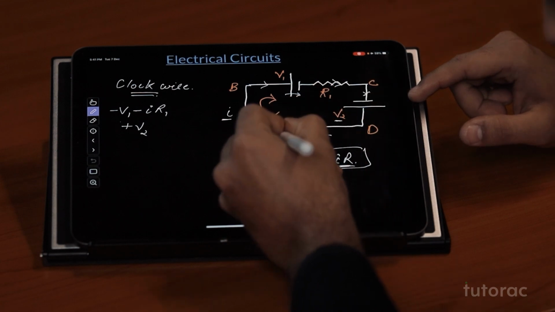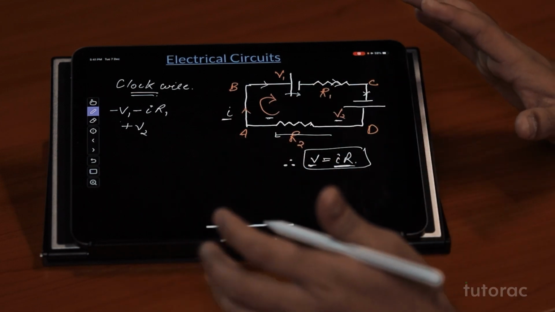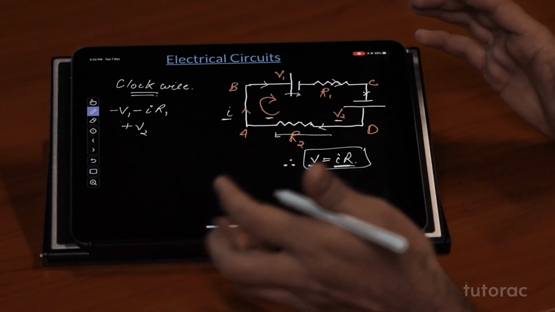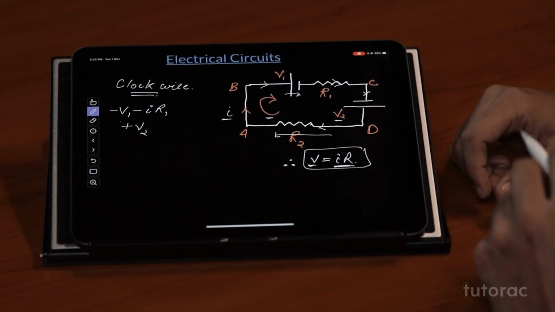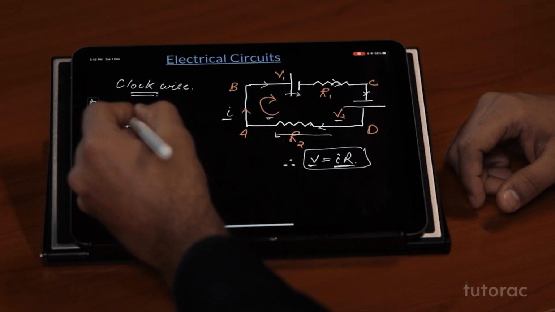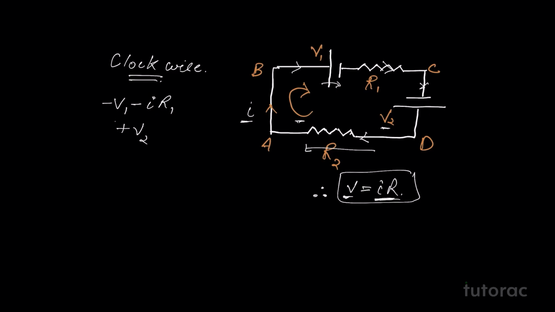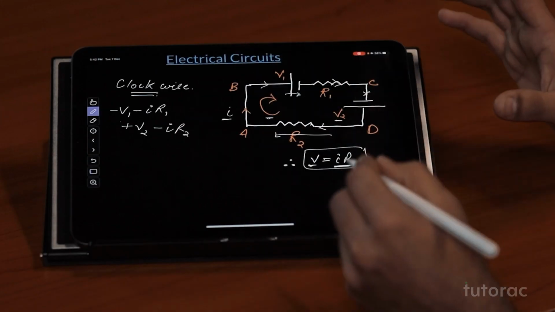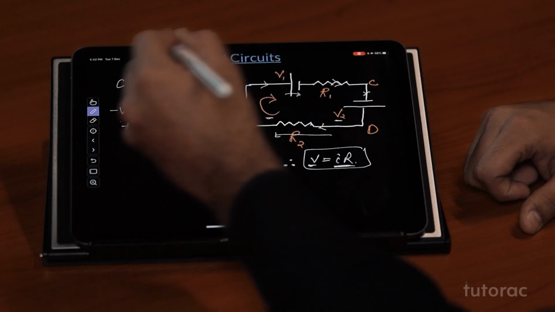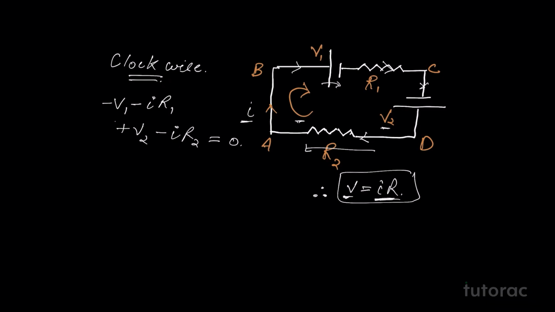Now again, I am going through a resistance in the direction of current, so I'll write again the loss of energy, minus I R2. Now there is no more element in this circuit. We have covered all the things. I just have to equate it with 0 and we'll get V2 equals IR1 plus IR2 plus V1.